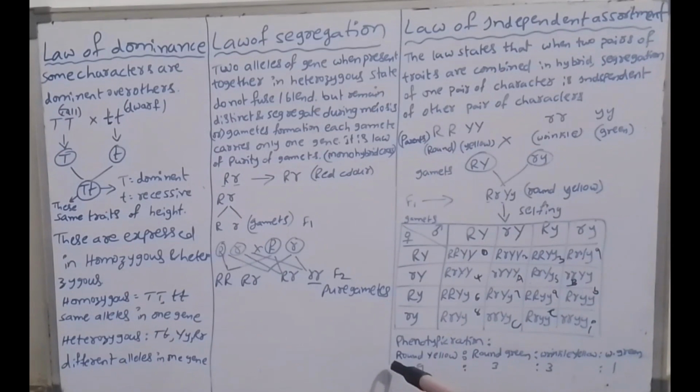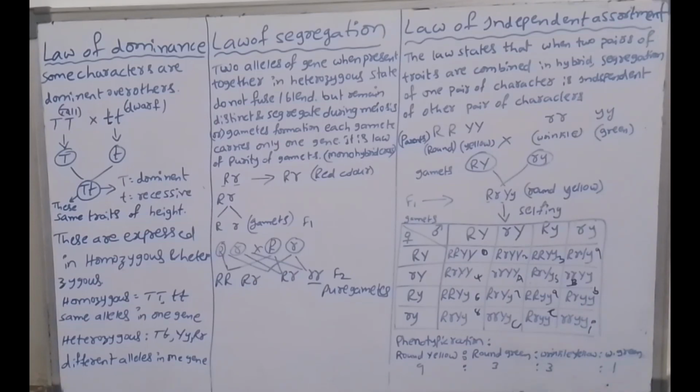In this crossing, the total round yellow plants are 9: first, second, third, fourth, fifth, sixth, seventh, eighth, ninth.